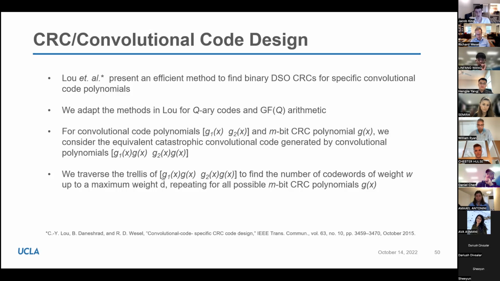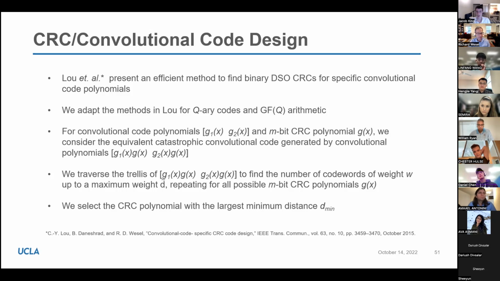It should say m symbol because we're in Q-ary alphabet, not binary. Once this search is finished, we select the CRC that generates the CRC-ZTCC with the largest d-min. If multiple CRCs tie for the largest d-min, we then select whichever CRC results in fewer code words at d-min.